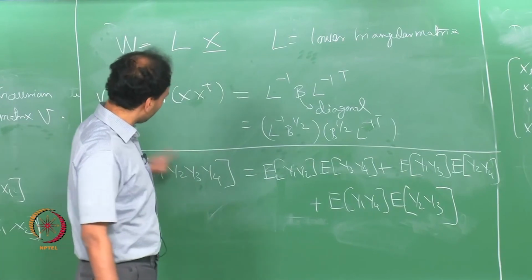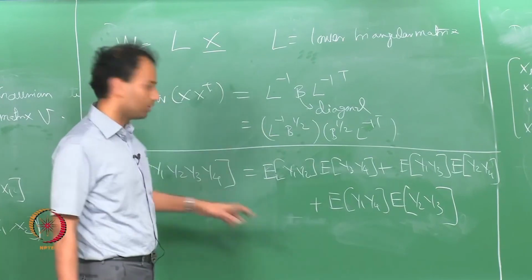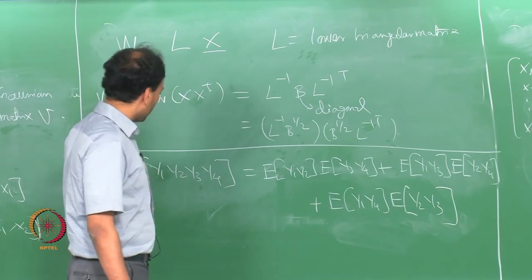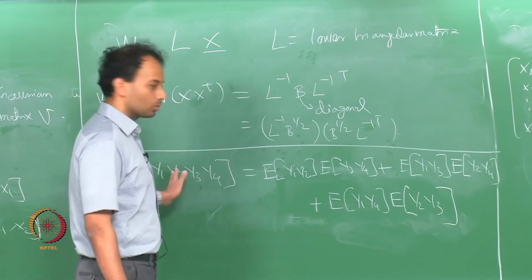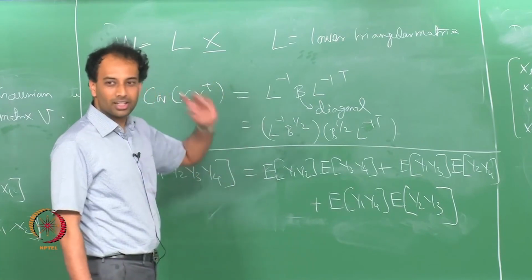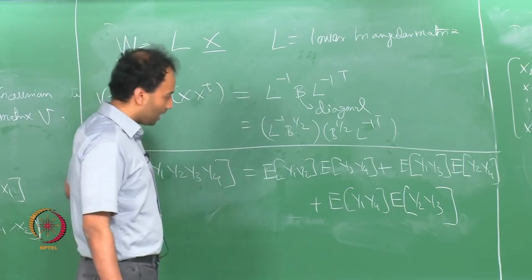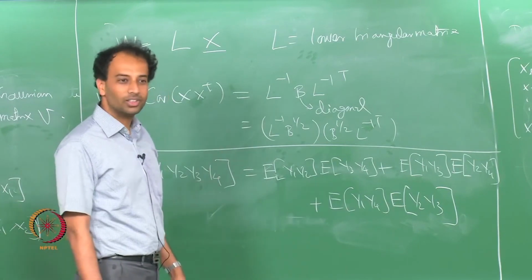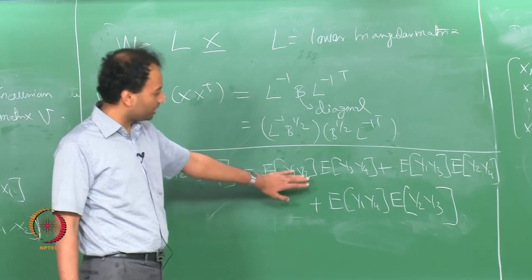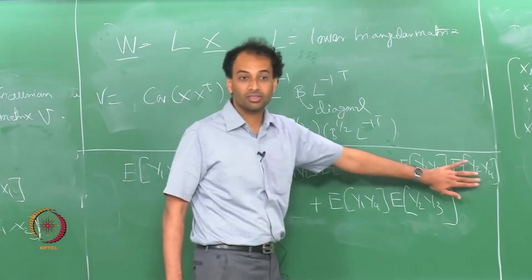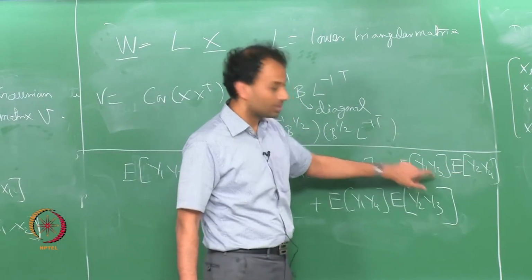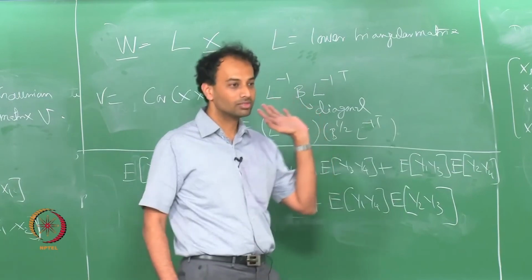Even for longer expressions you can do it, even if you have x1 squared, x2 to the 4th, x3 to the 6th, you will have to expand the whole thing out in terms of the covariance matrix entries, where each of these y's is some xi.